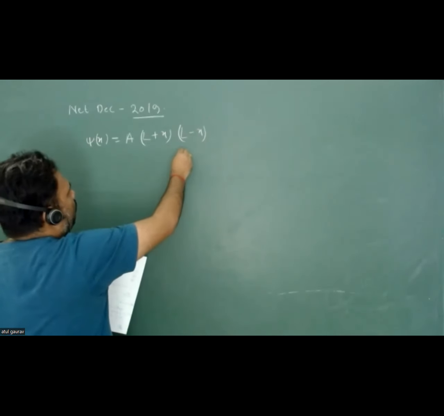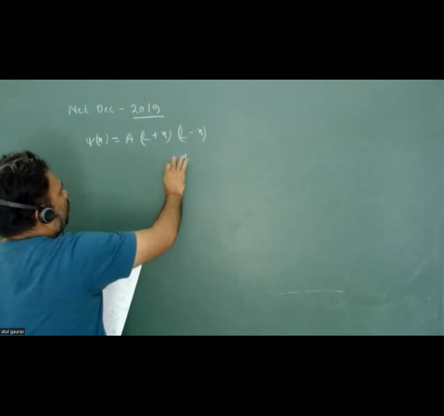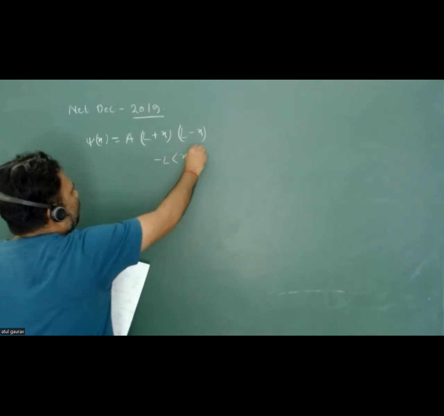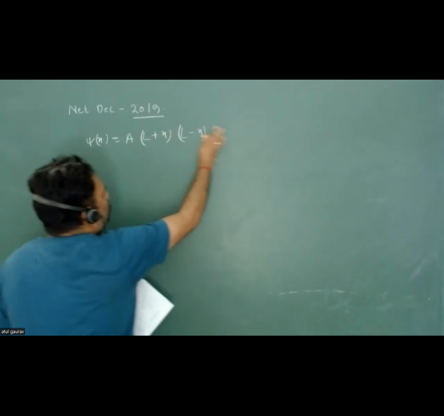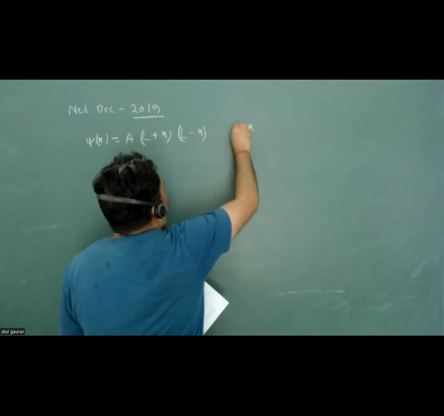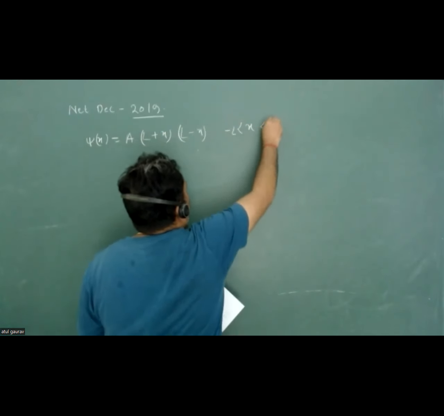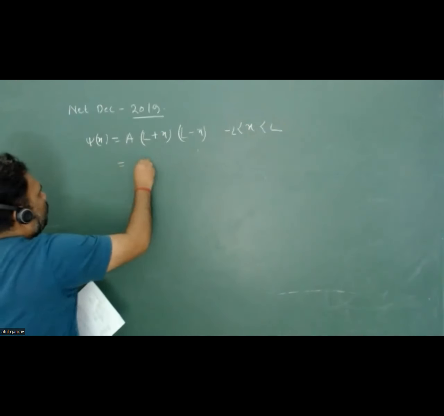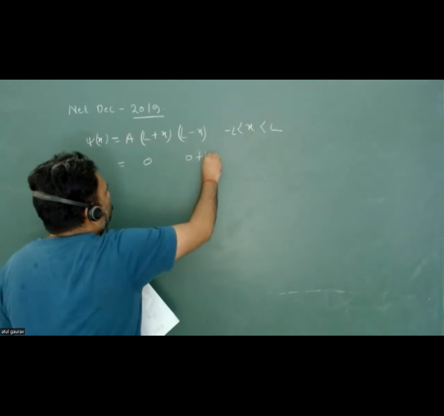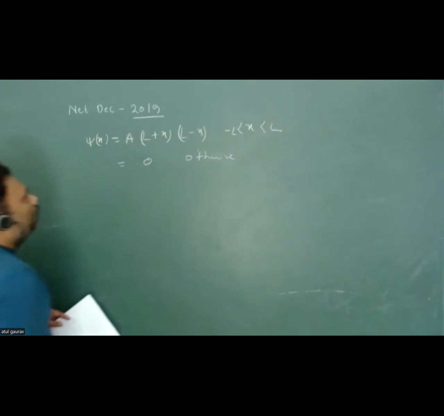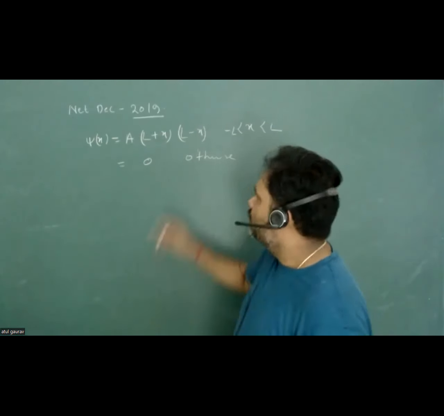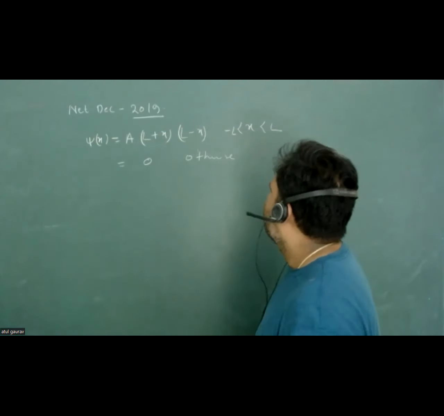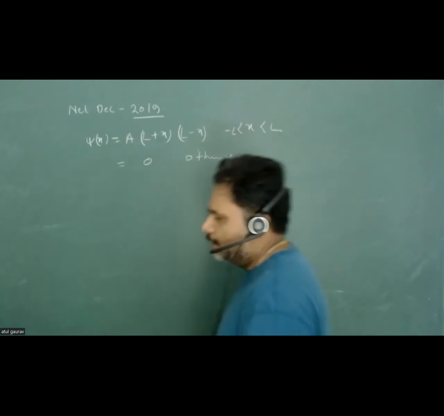This is for a particle in a box, for x between minus L to plus L, and 0 otherwise. So this is the wave function for the infinite box, and the box is defined between minus L to plus L.